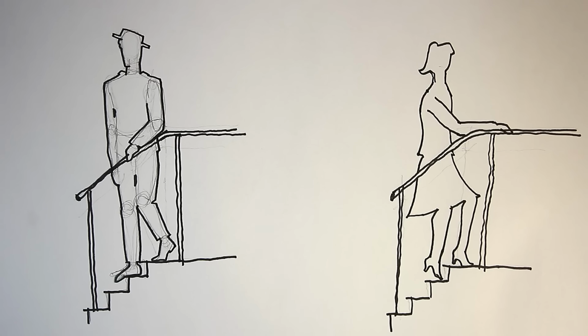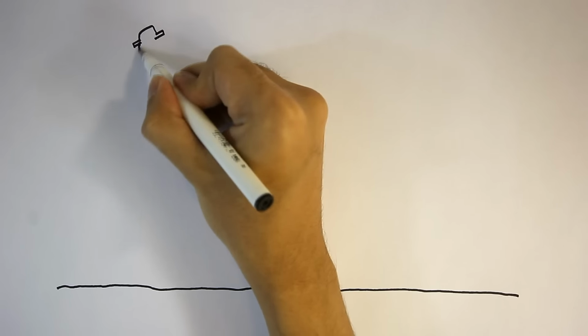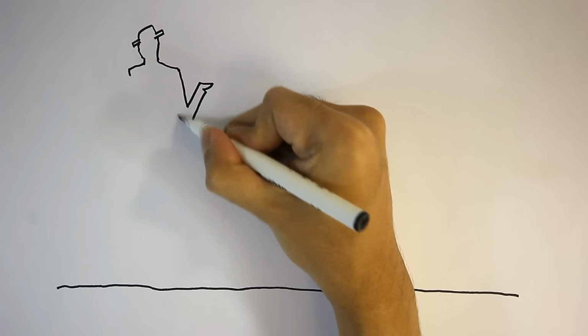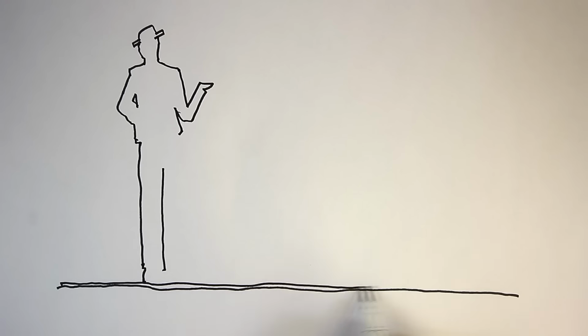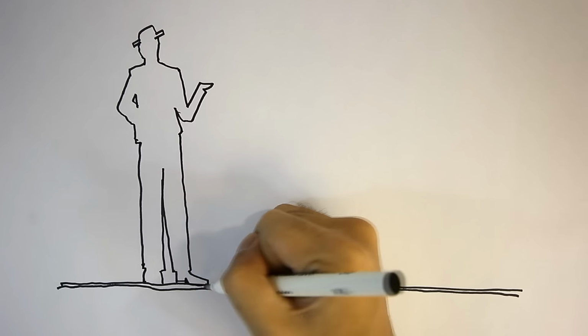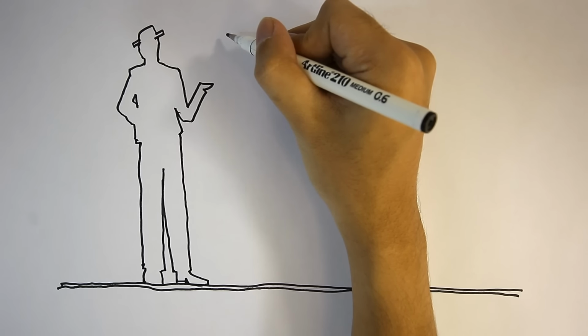The second pose will be just 2 guys or 2 girls talking and walking. Whenever I draw a human figure in a group talking position, I always like to vary the position of their limbs, so the scene looks a bit animated.